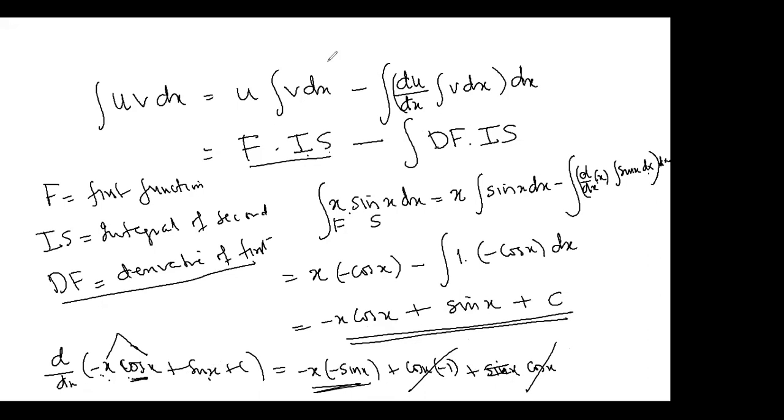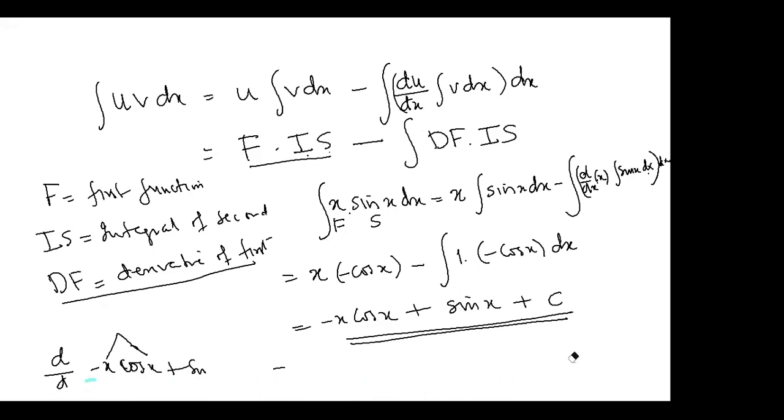Now my question to you is, can I interchange the position? In this method, I took sin x as the second function. Can I take sin x first and x as the second? So is this possible?